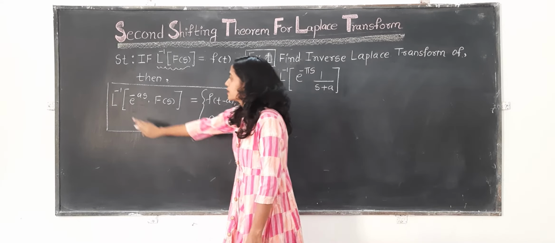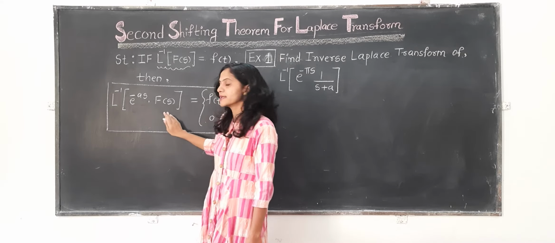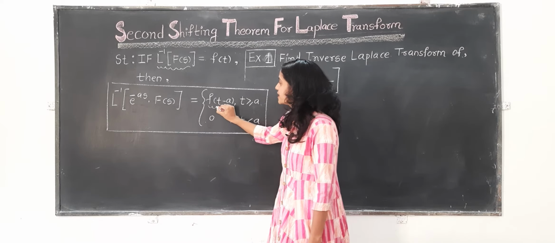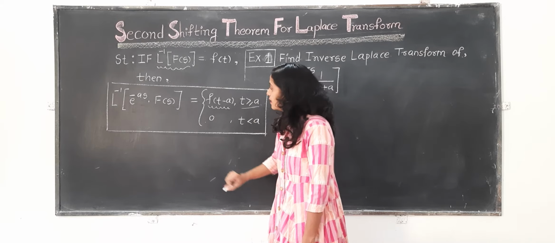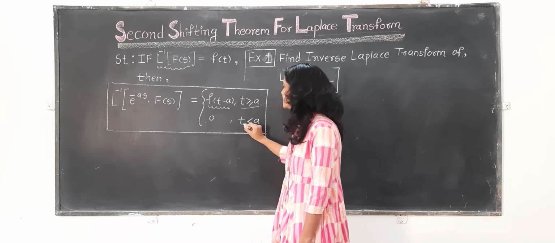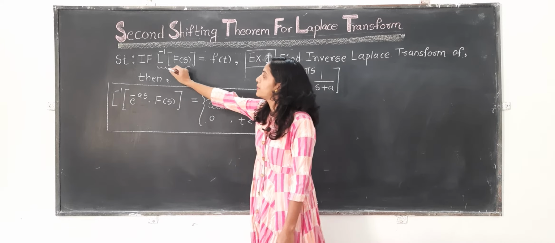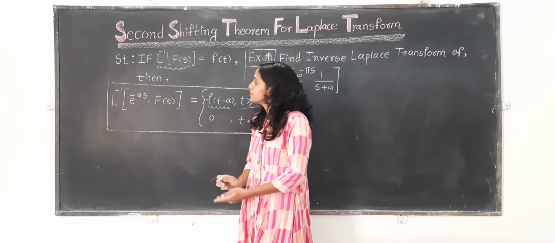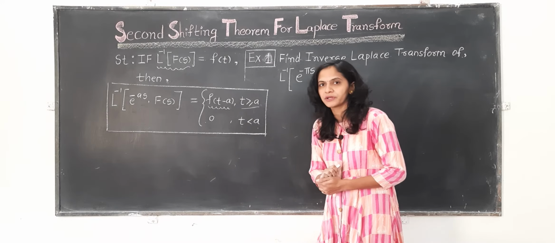Then if you want to find the L inverse of e raised to minus as into F of s, it is nothing but f of t minus a, where t is greater than or equal to a, and equal to 0 when t is less than a. So if you want to find the L inverse of this, we can use the second shifting theorem. Let's see the example, it will be more clear.